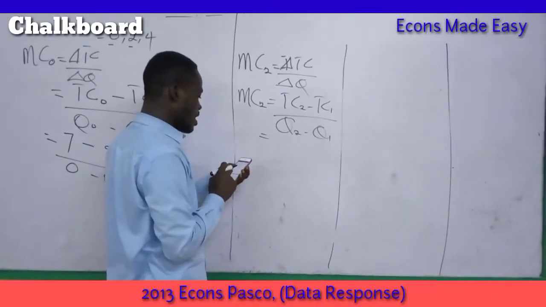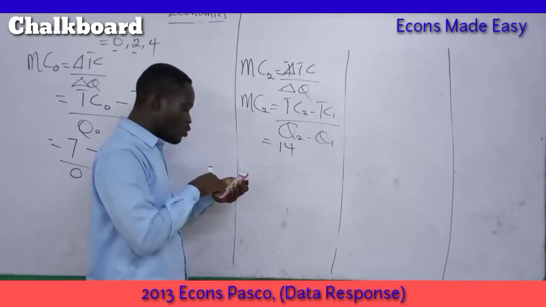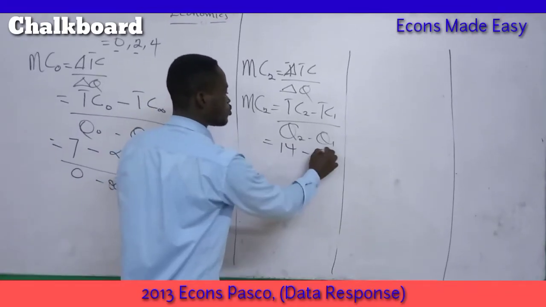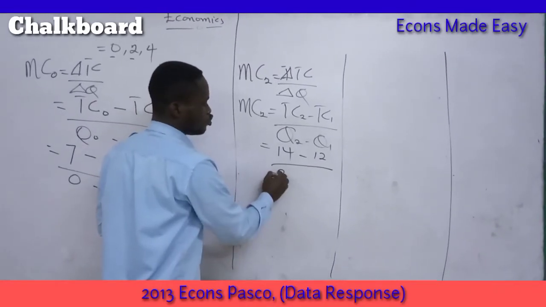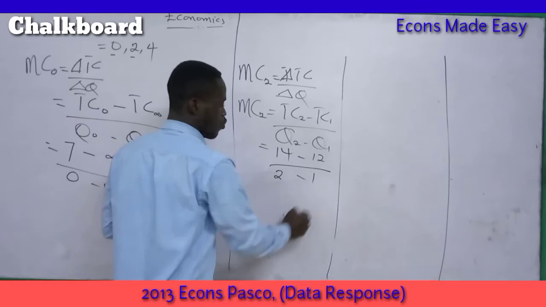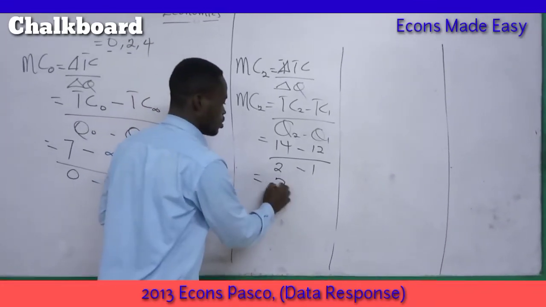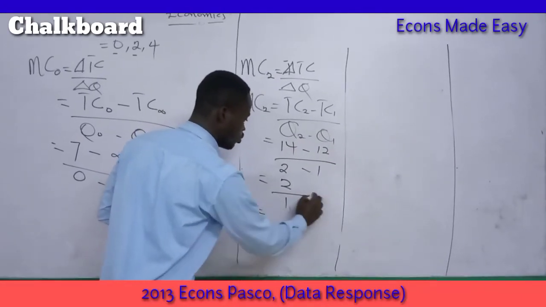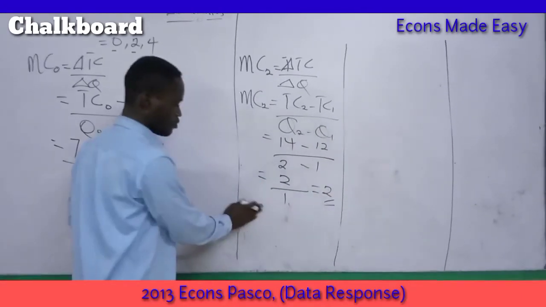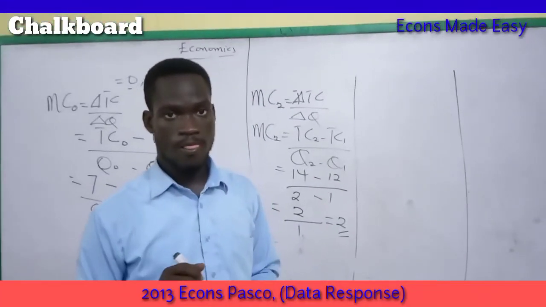Our TC2 here is going to give you 14. And our TC1 here is going to give you 12. All over, what is our Q2? Our Q2 is going to be 2 minus Q1 is what? 1. And so 14 minus 12 is going to give what? 2. All over what? 1. And so your marginal cost is going to be what? 2. So this is marginal cost for output 2.